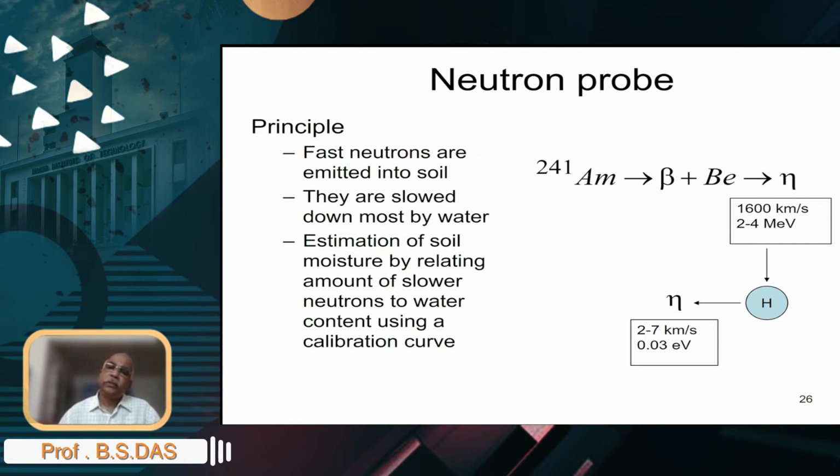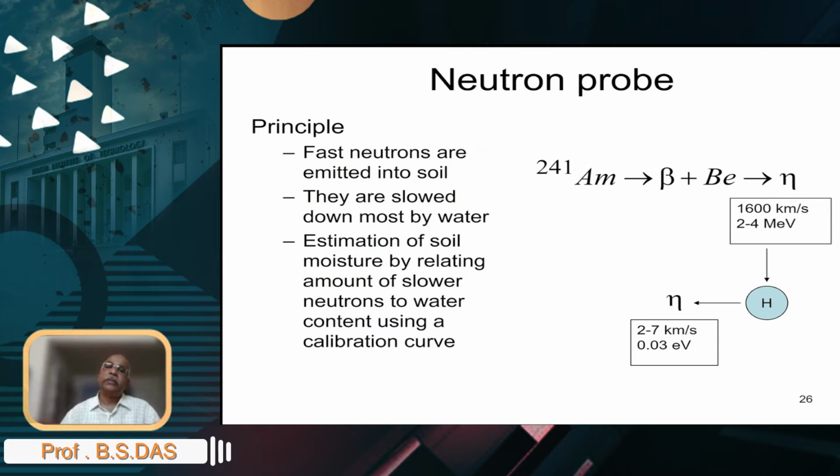Most collision processes are elastic, meaning they do not lose much of their energy, except when they come across atoms of similar mass, for example hydrogen, the neutron and hydrogen having similar mass.